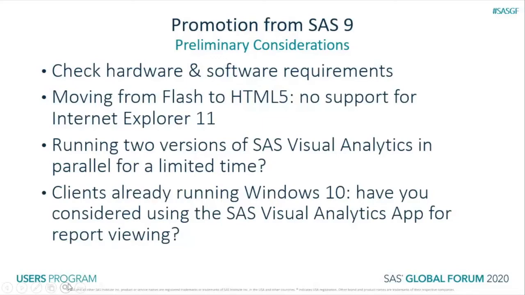For example, you convert some of the reports to the new version, and then you have time to check if everything is working as expected, while the majority of your reports are still running on your Visual Analytics SAS 9 environment.